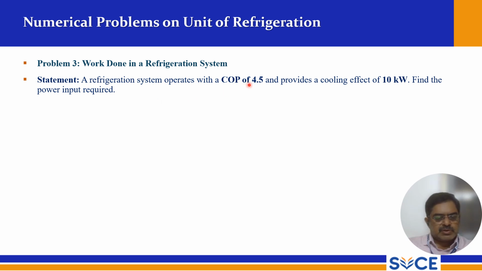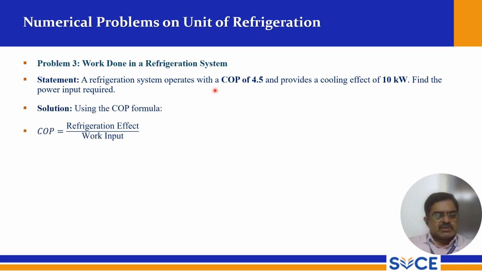COP equals refrigeration effect divided by work input, Q by W. Here 4.5 equals 10 by W, so W equals 10 by 4.5, that is 2.22 kilowatt. This is the answer, the work done we are calculating in this particular problem.